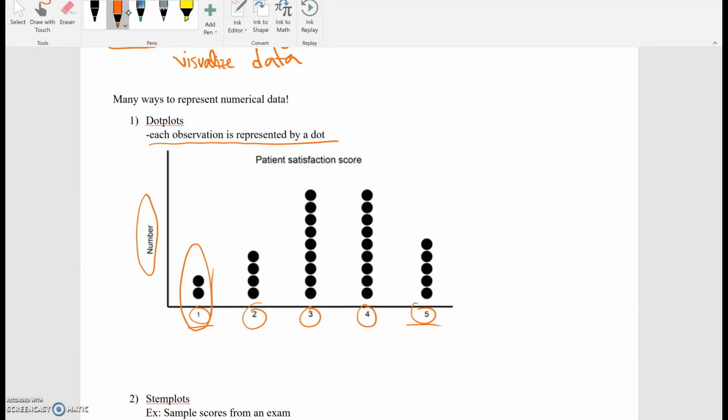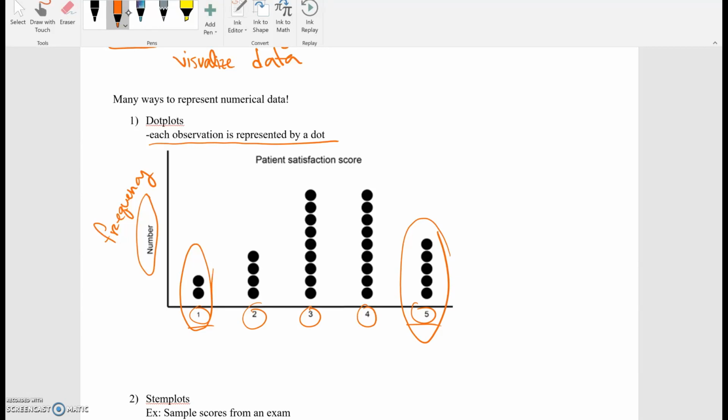Another way that we can call this number is the frequency. This tells us how many dots are on the graph for each particular column. So here, 5 people were very, very satisfied.